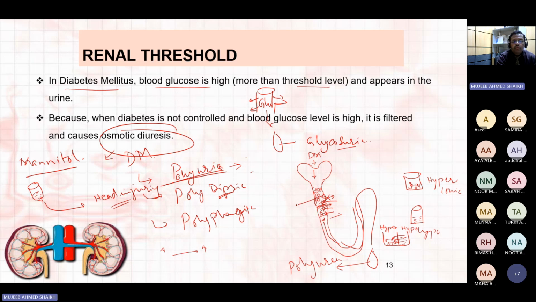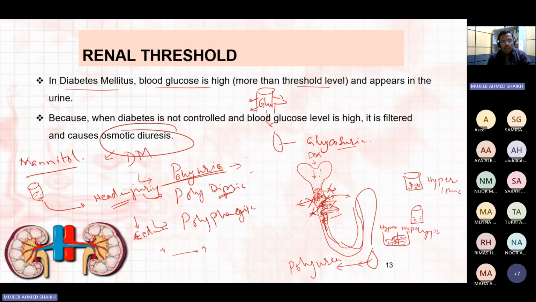Mannitol cannot be absorbed by the renal tubules. There is no reabsorption of mannitol. Whatever is filtered will remain in the tubule. Because of this osmotic effect, the water which is supposed to be reabsorbed will be lost into the urine, and then the person's edema will be relieved. This is osmotic diuresis and its usage.